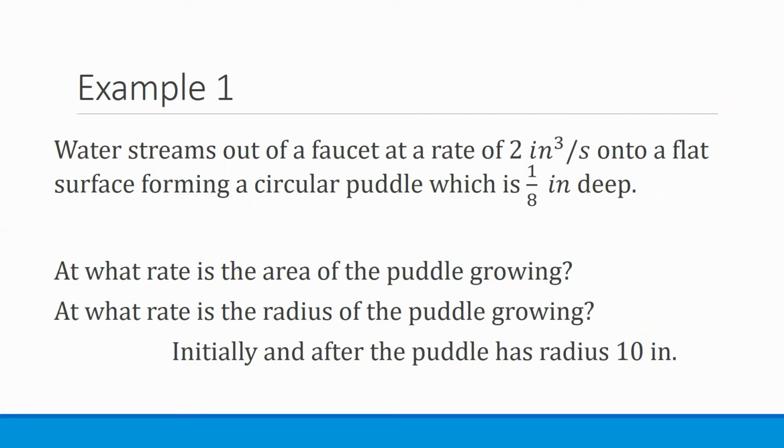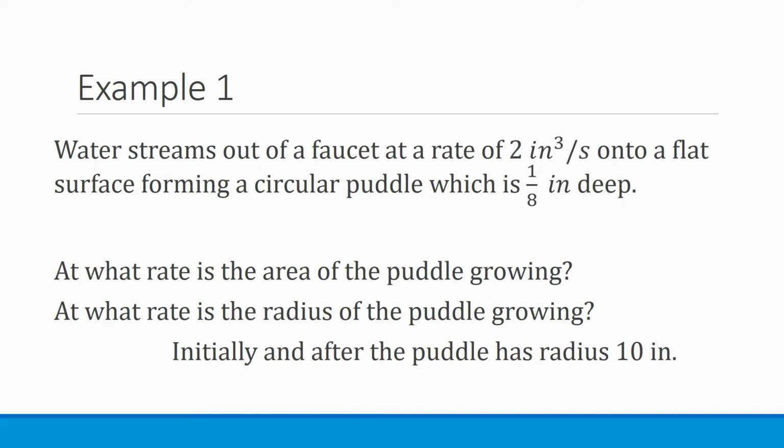So pretend that there's a spigot outside and it's just going, and we have these parameters. The question is, at what rate is the area of the puddle growing?